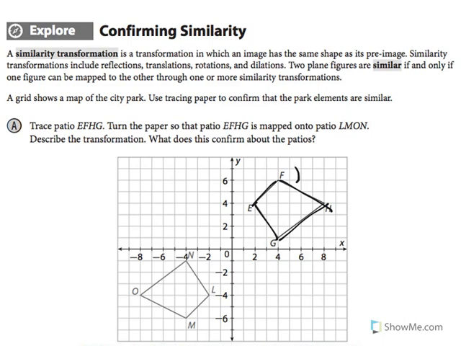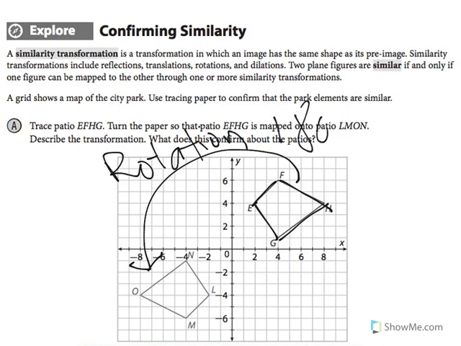So then we want to do a rotation of 180 degrees, and we call this counterclockwise. Describe the transformation. So we just did.